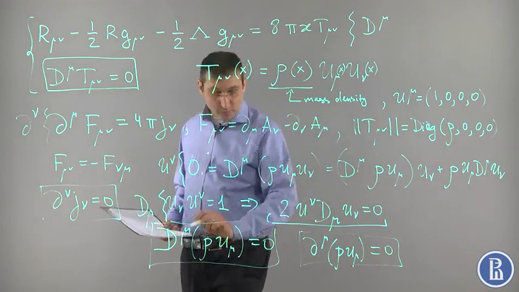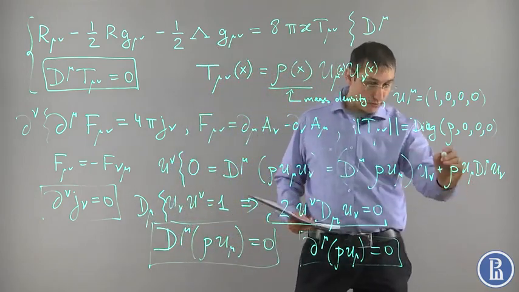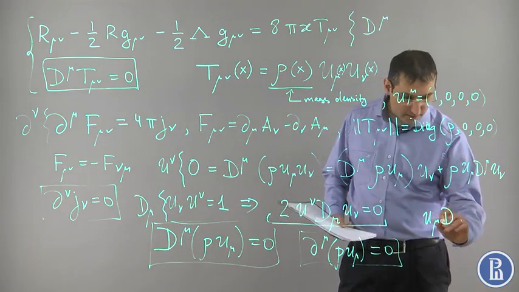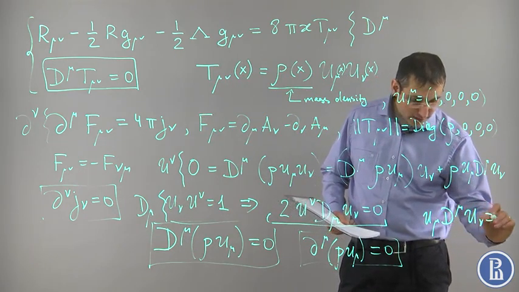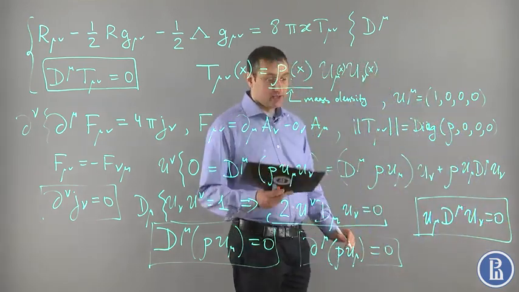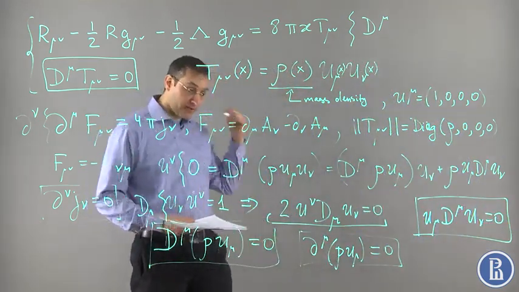But because this is equal to 0 and this is equal to 0, we obtain that u mu times d mu u nu is equal to 0. But this is nothing but the geodesic equation that we have obtained in the previous lectures.